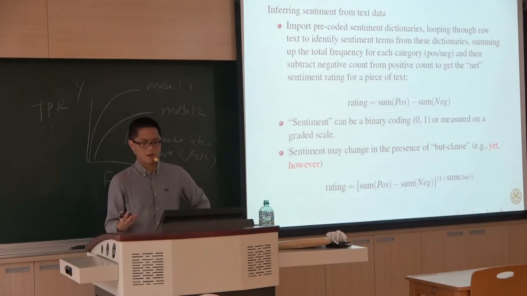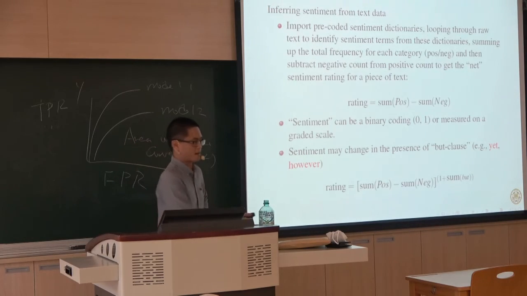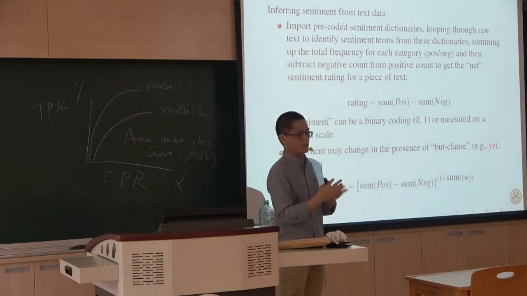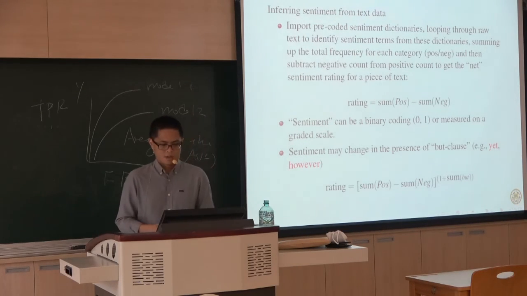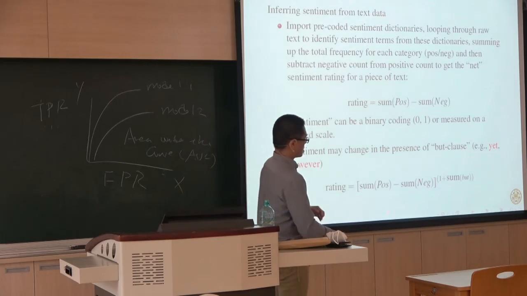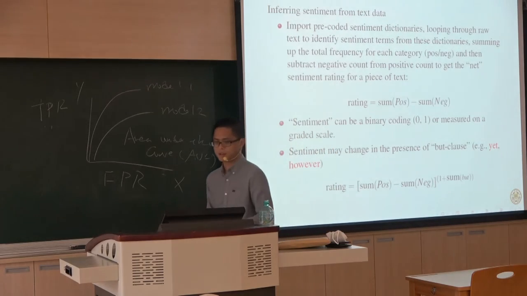Of course, you should also pay attention to negation words, because they change the direction of sentiment in the text. But that's really hard to measure, right? So we'll talk about it in class.